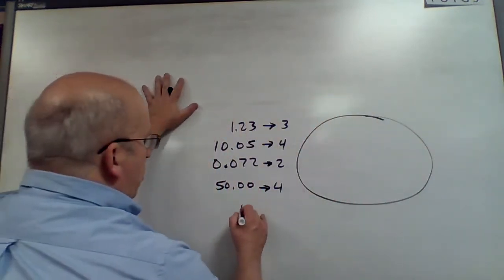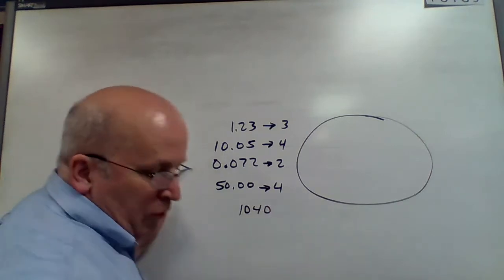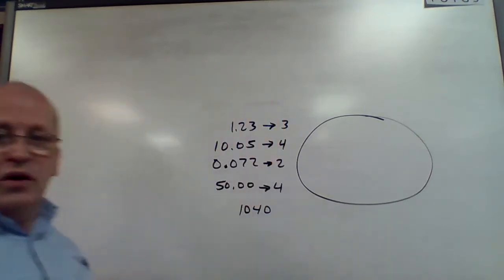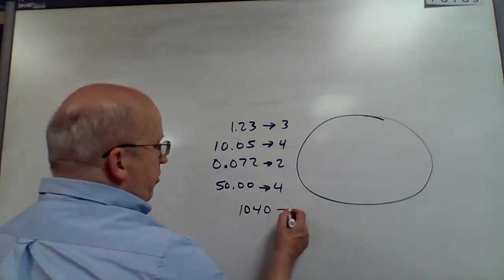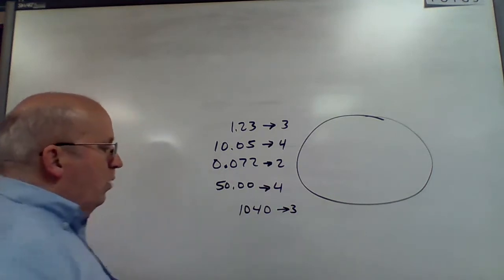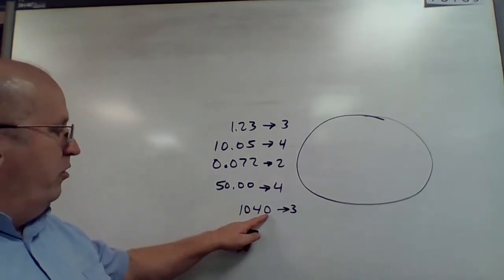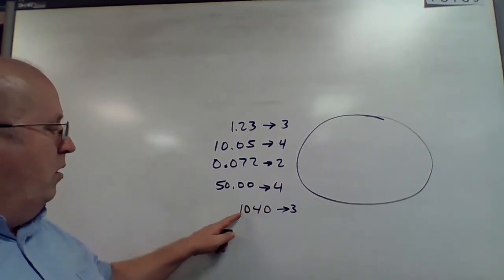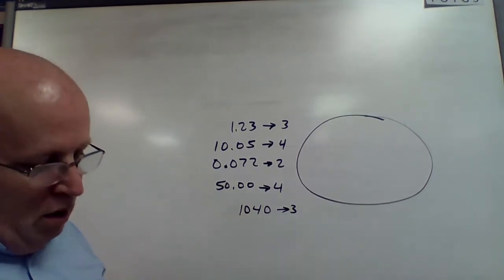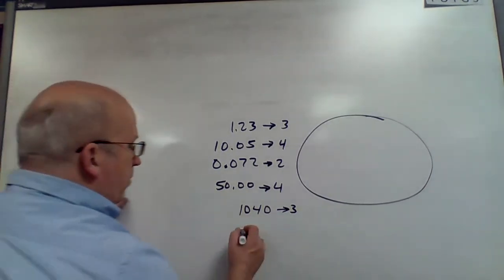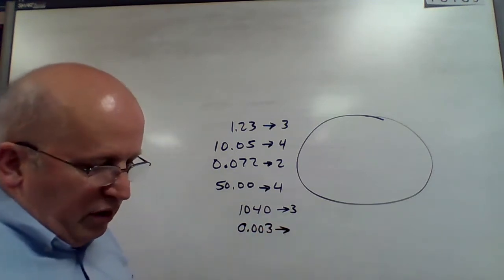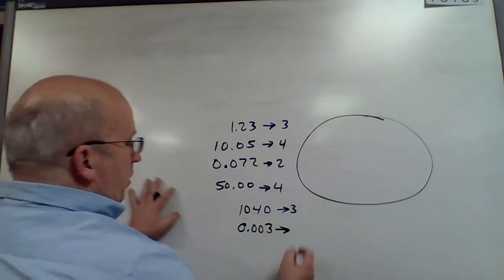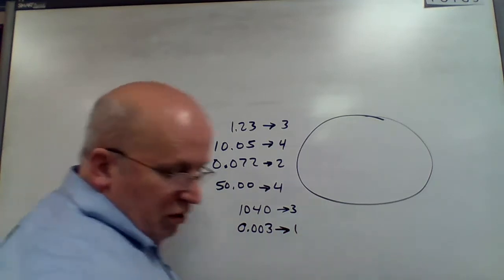Pay real close attention to those rules as I go through some numbers. If I write on the board 1,040, would you be able to tell me how many significant digits that has? Well, the answer is that it has 3 significant digits. Why? Because this last 0 is not considered significant, but these digits are. What if I wrote the following number, 0.003? How many significant digits would that have? That would have just 1 significant digit.